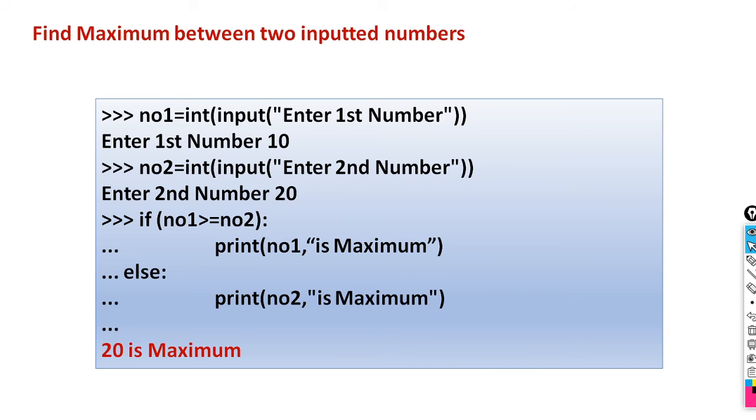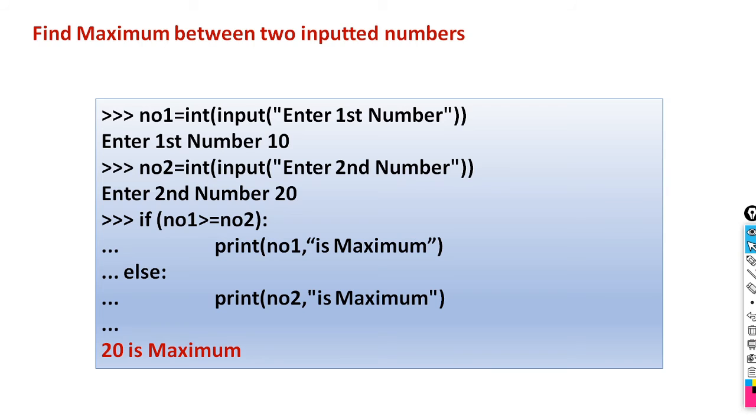We can see 20 is greater than 10, that's why 20 is maximum. If he enters numbers like 50 and 100, 100 is greater than 50, that's why 100 is maximum. So whichever number is greater, that number is the maximum one.